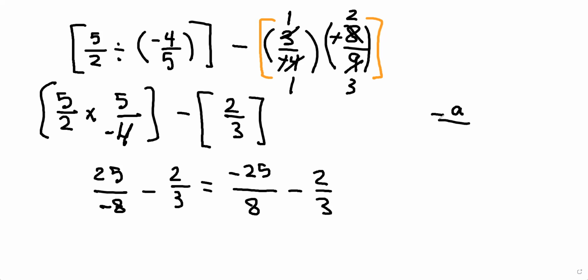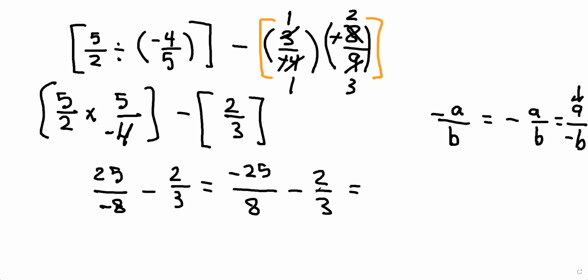Negative A/B is the same as negative A over B, and this is the same as A over negative B. So all of these are the same. We don't like writing the negative on the bottom. So always, if you're in this kind of situation, try to stick the negative to the top, because it's the same thing, and that's what I did right here.